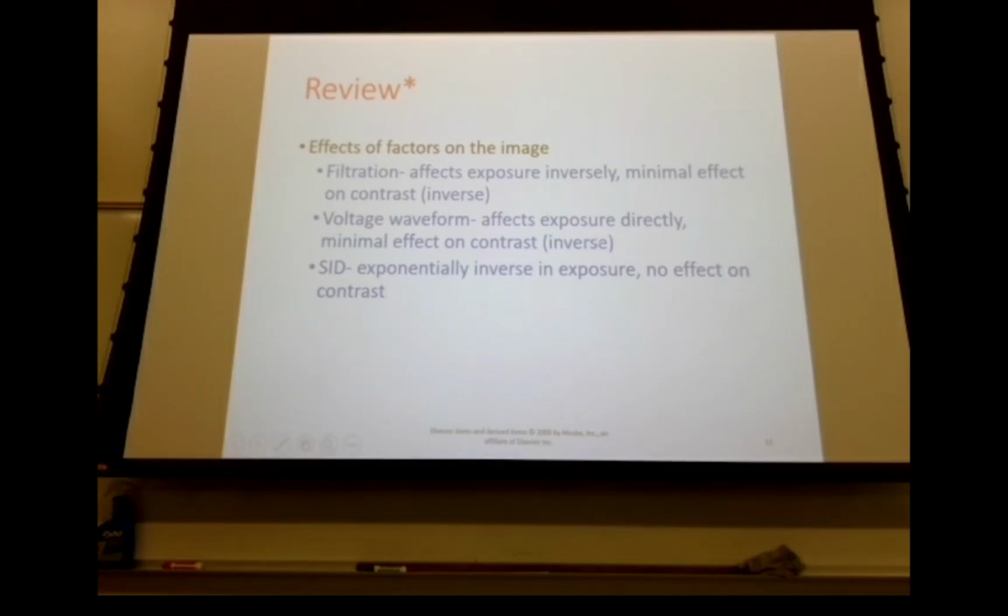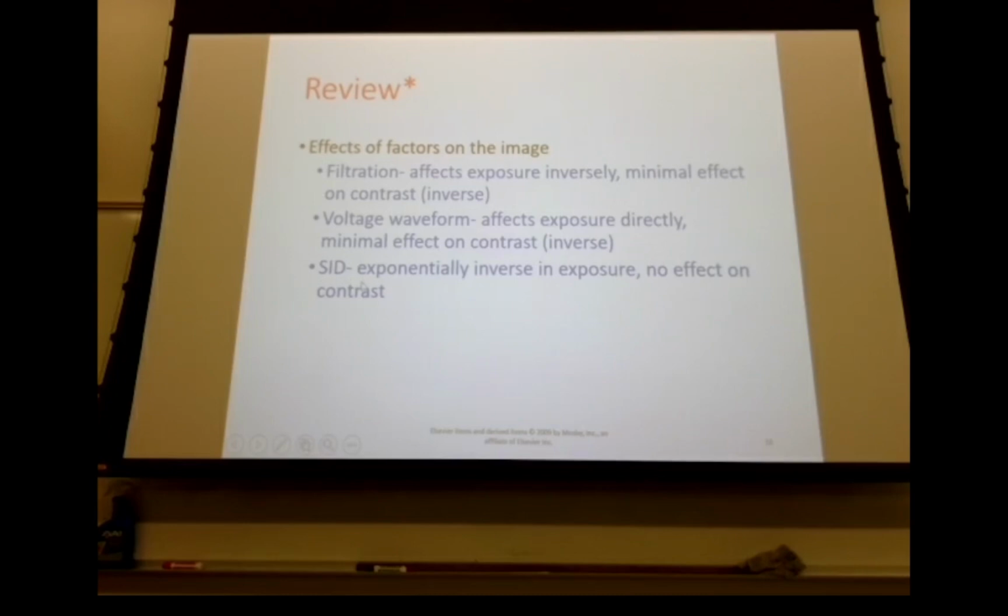Voltage waveform, again, there's just not a whole lot that you're going to visualize on your image because it's all about the computer algorithm, your lookup table. So as voltage waveform increases from single phase, three phase to high frequency, we get a greater output, but the result on the image is not that significant.